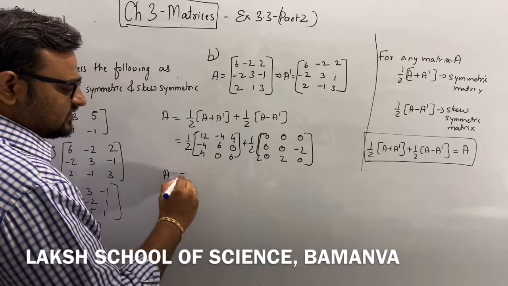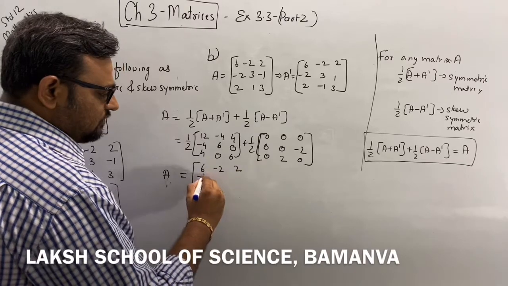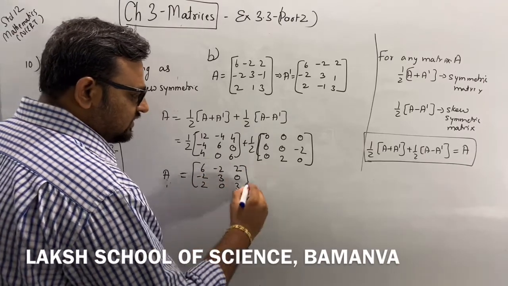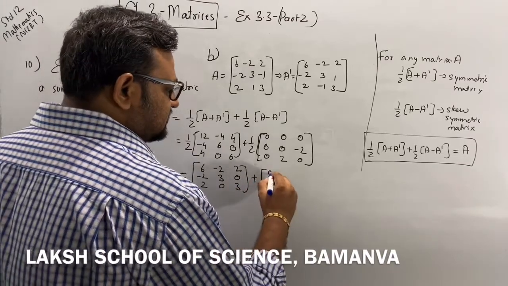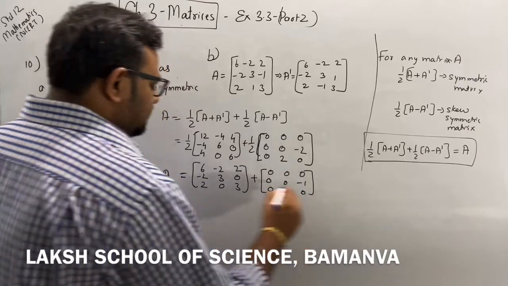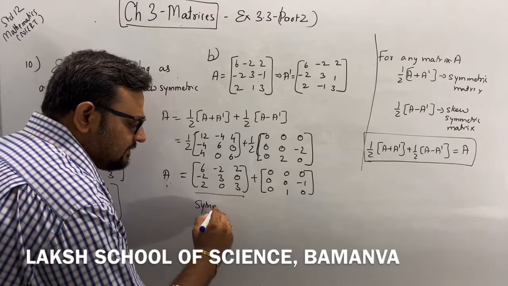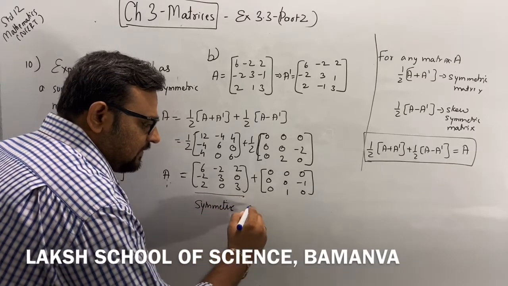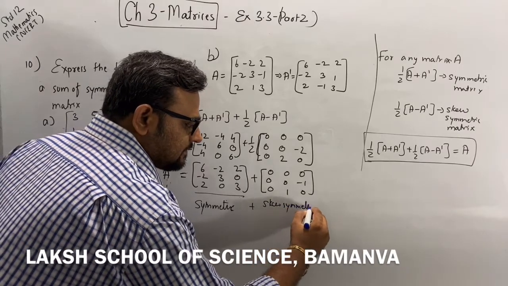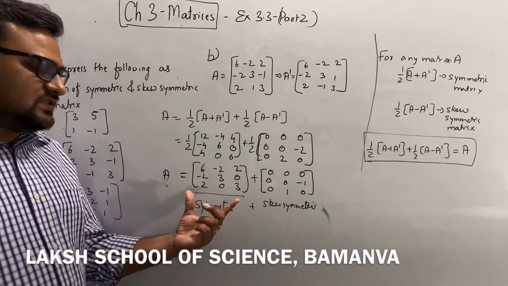So A is equal to 6 minus 2, 2, minus 2, 3, 0, 2, 0, 3 plus 0, 0, 0, 0, 0 minus 1. So A is sum of symmetric plus skew symmetric. Okay, so matrix A we have represented as a sum of symmetric and skew symmetric.